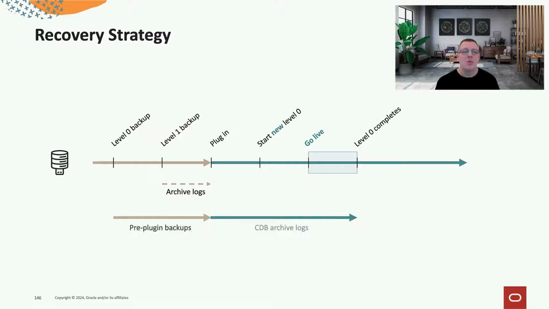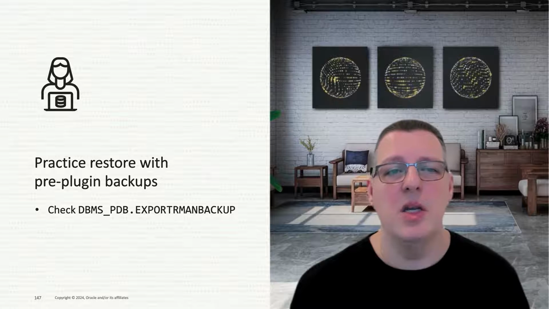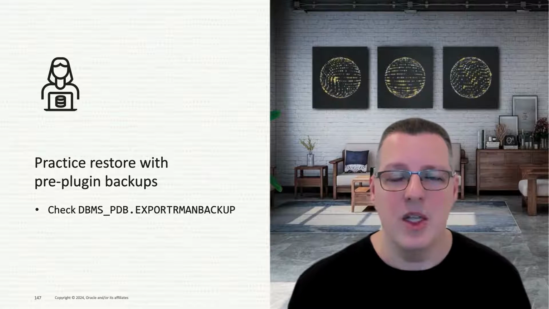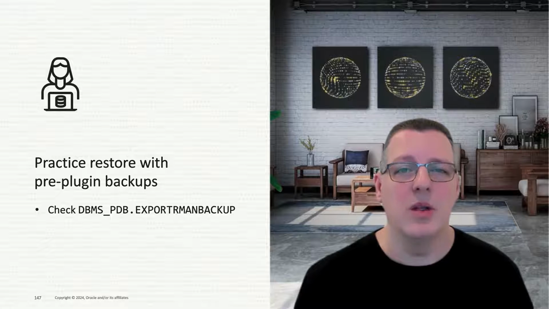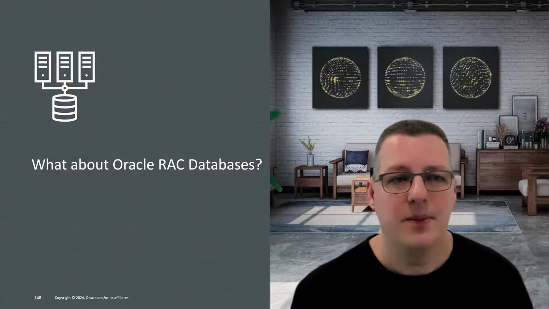It's called plugin backup. So you can export the RMAN metadata from a source database and import on your new CDB. So please take a look at this package, DBMS_PDB.EXPORT_RMAN_BACKUP, and practice before the migration day. So if something happens on the migration day, you'll be ready to deal with it.